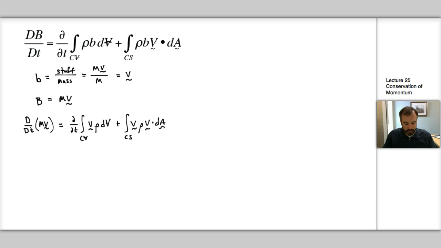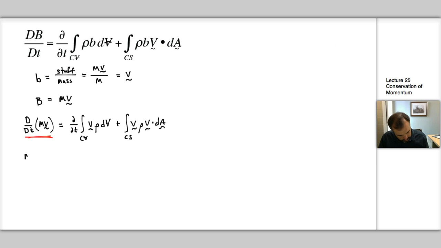The next thing we want to do is take a look specifically at the left-hand side of this equation and see if we can come up with a better expression for this term. The first thing we notice in the total derivative of the momentum is that the mass is going to be constant, so we can pull that out.